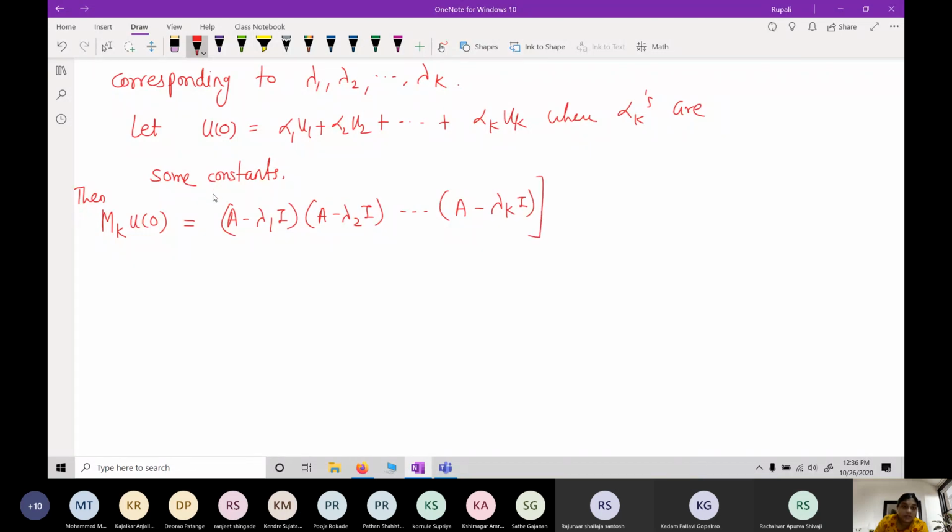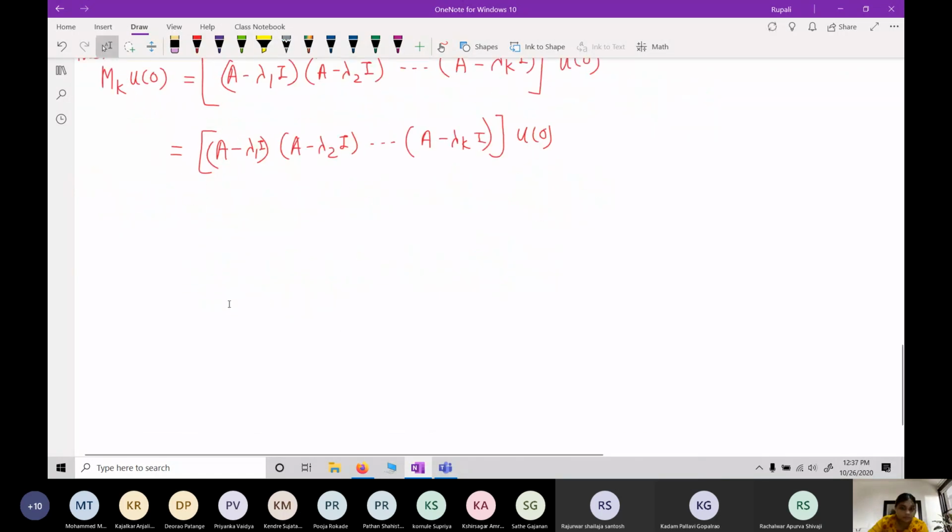If I go on iterating, that operates on u0, so it will be A minus lambda 1 I, A minus lambda 2 I, and so on, A minus lambda k I operated on u0. What is my u0?